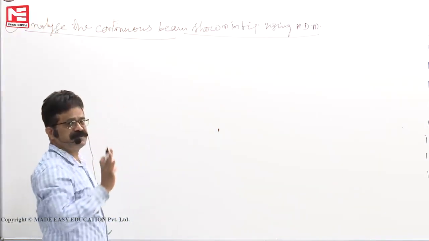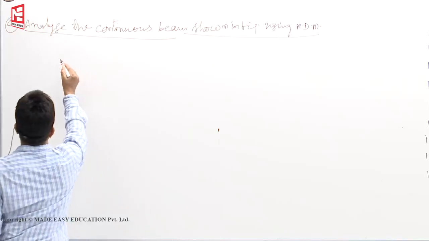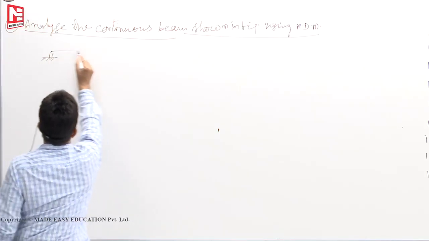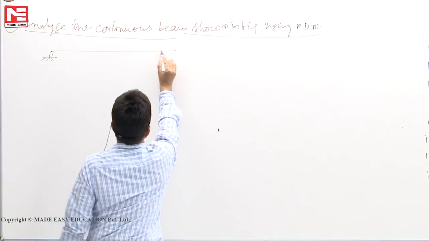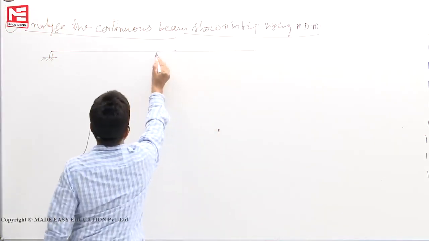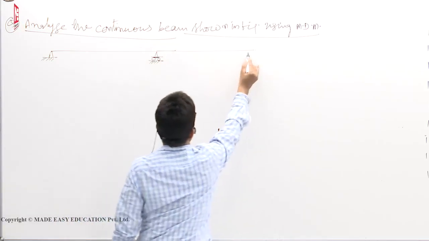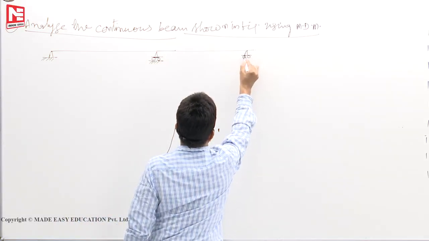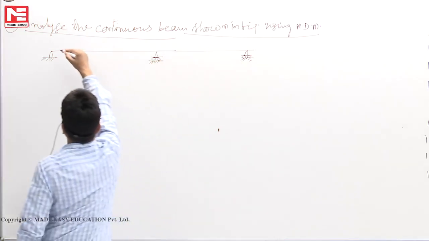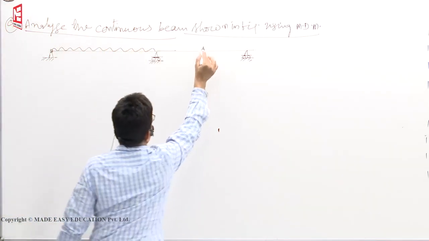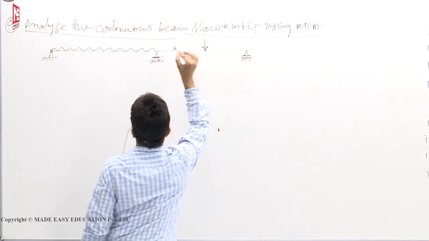So now we want to analyze the continuous beam. Size of the beam is given to us. Assume that we have a continuous beam like this. This is subjected to a UDL, and here there is a point load.